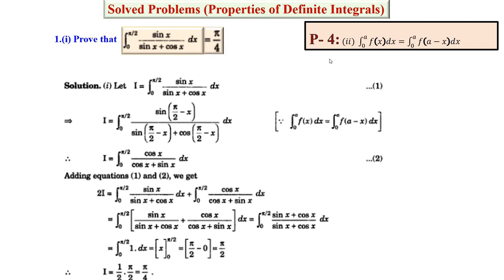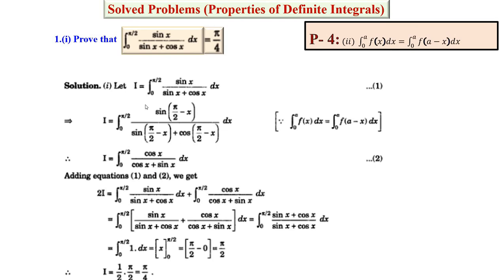Now we make use of this property P4, so that we can write this as integral 0 to pi by 2 sine of pi by 2 minus x, and in the same way in the denominator sine of pi by 2 minus x plus cos of pi by 2 minus x. Sine 90 minus theta is cos theta, we know. So on that we have the numerator to be cos x, and here sine 90 minus x again cos x, cos 90 minus x sine x.